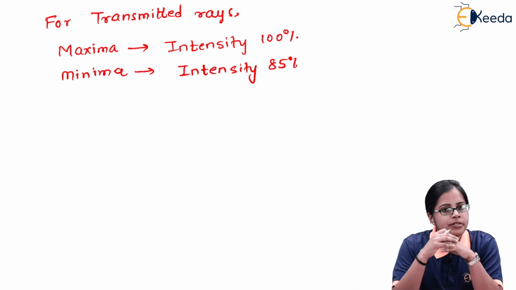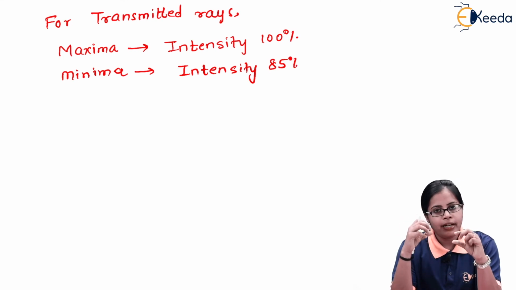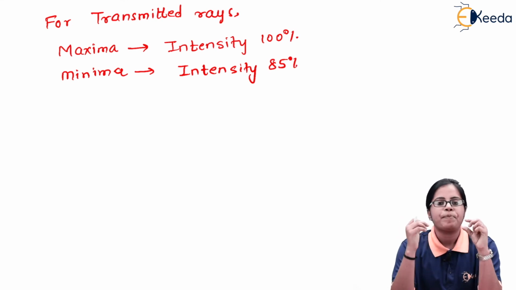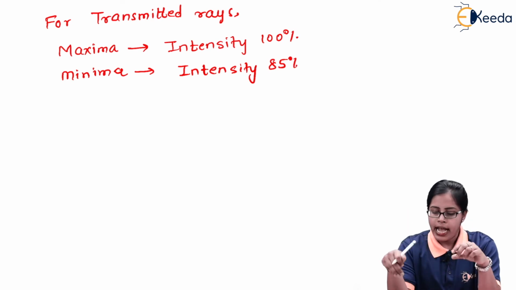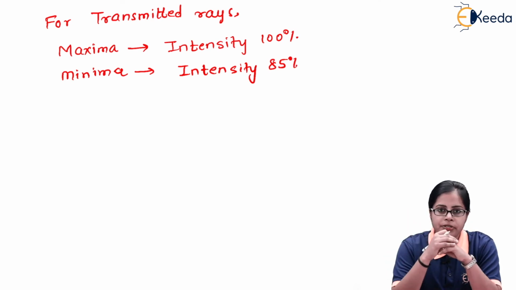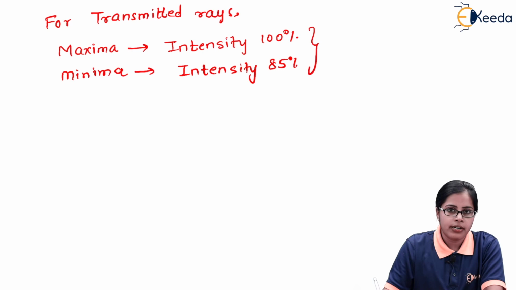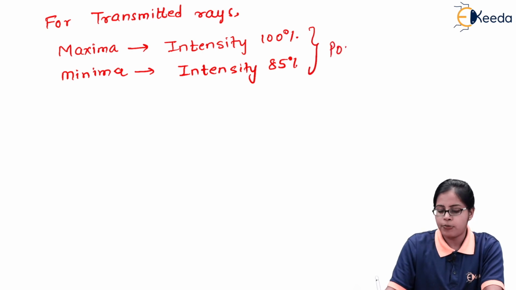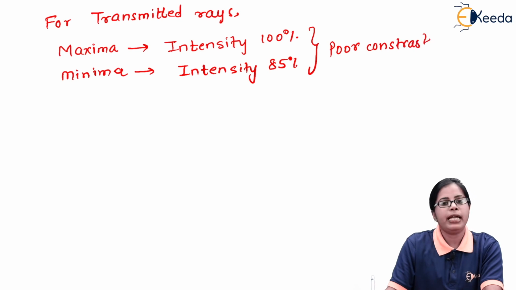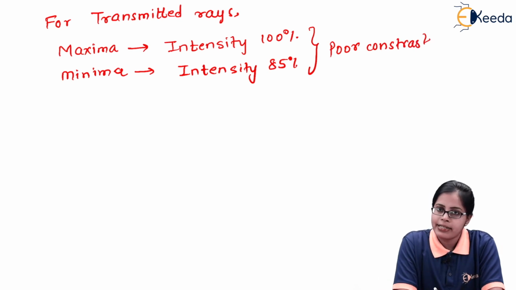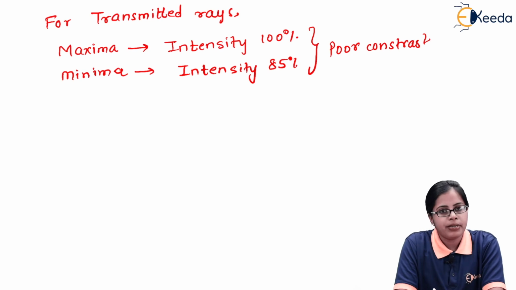For the transmitted system, maxima has 100% intensity compared to the incident ray and minima has 85%, but as there is no large difference between maxima and minima, the contrast we get for the transmitted system is poor. That is, we won't be able to identify which band is the maxima and which is the minima, or which band is the bright band and which is the dark band.